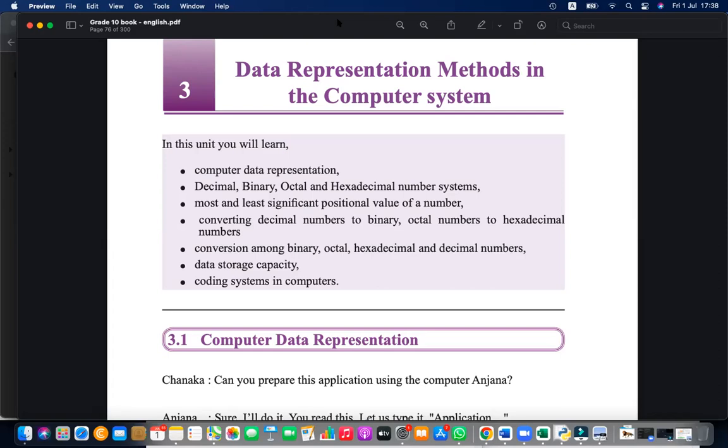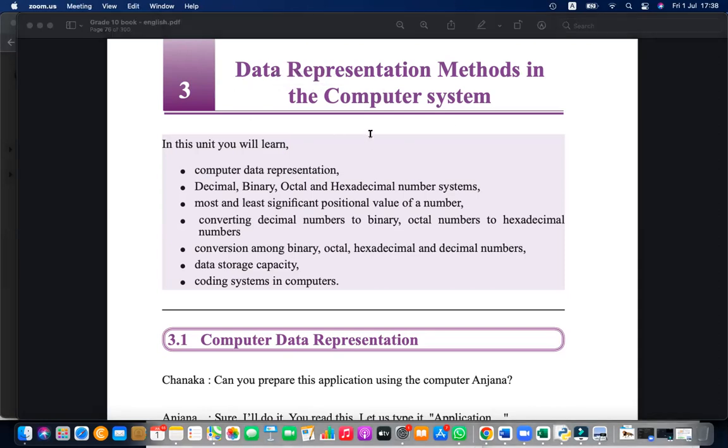Similarly, data representation means, instead of really writing the data there, there is a systematic, symbolic way used in the computer to represent this data. For example, let's say capital letter A.